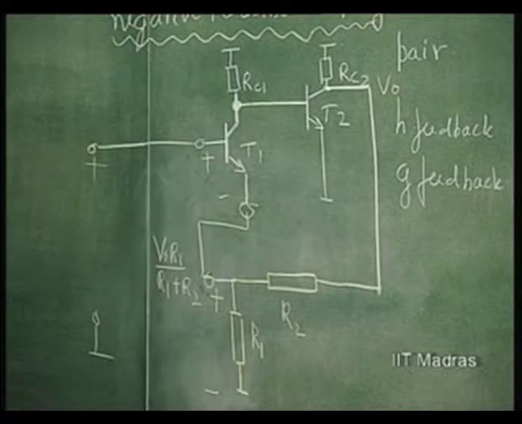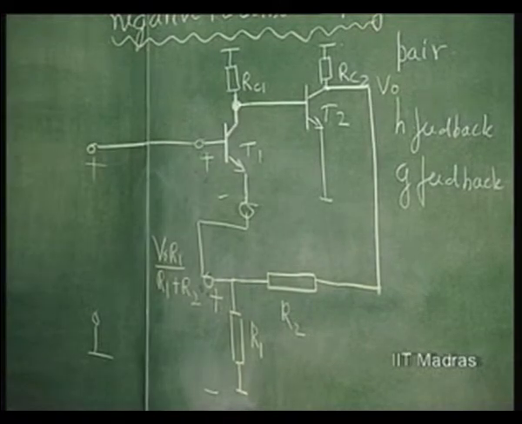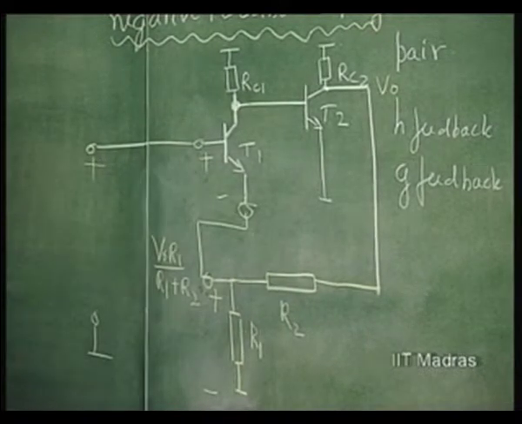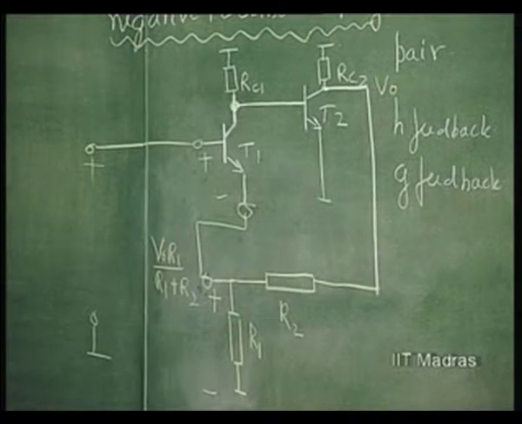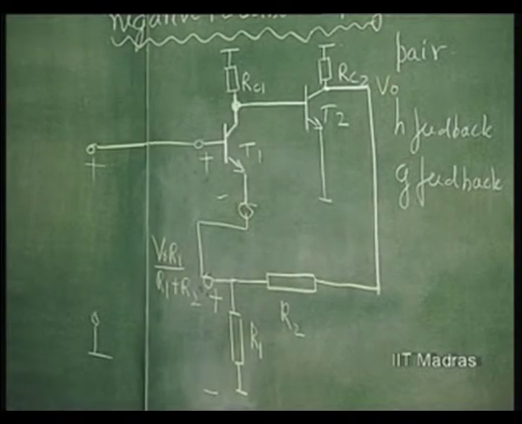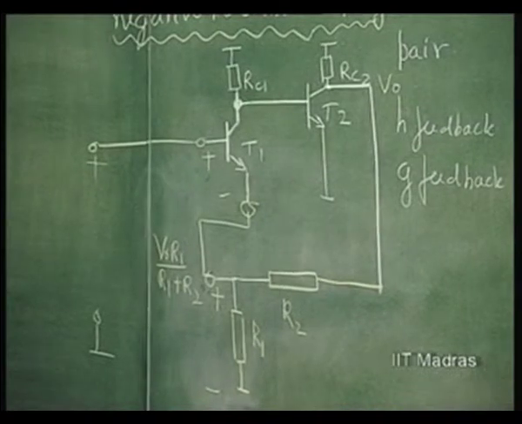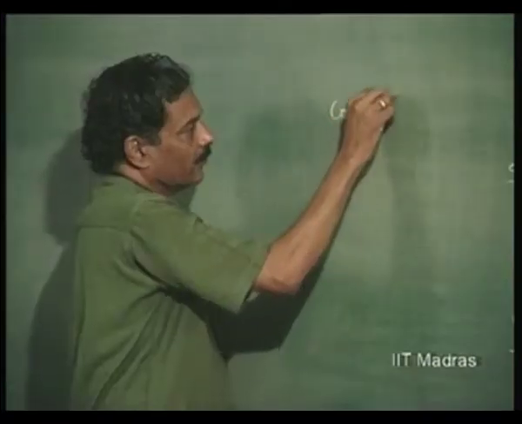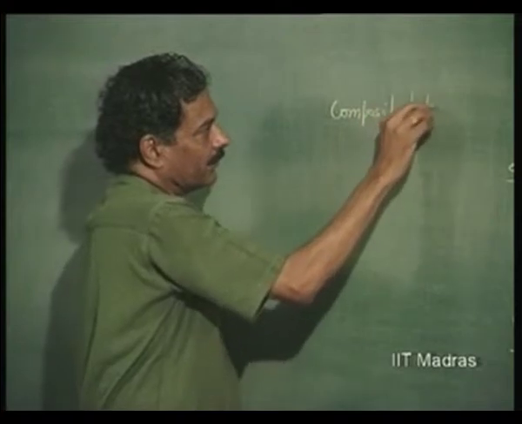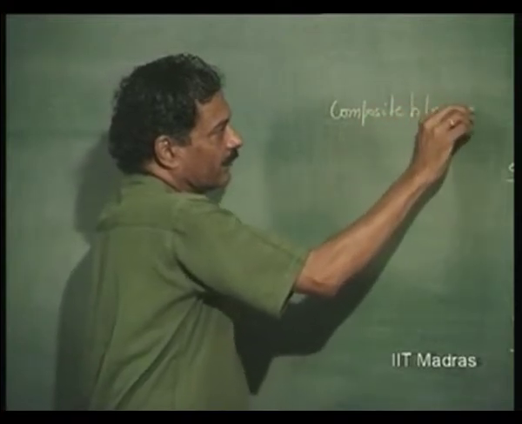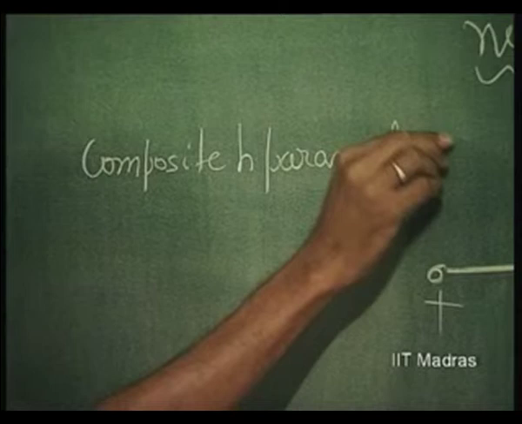So, this is the H feedback, and obviously the H parameter is most suited for analyzing this. Therefore, we will write the composite H parameters for this. This is the method we have been adopting throughout.